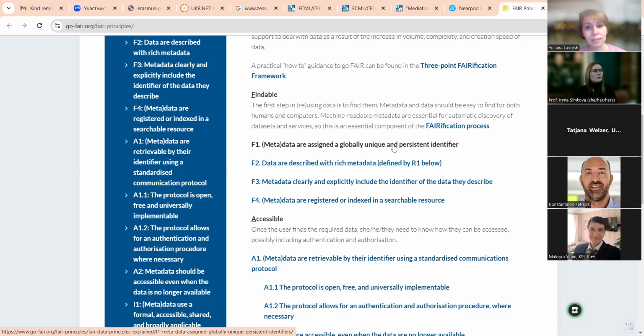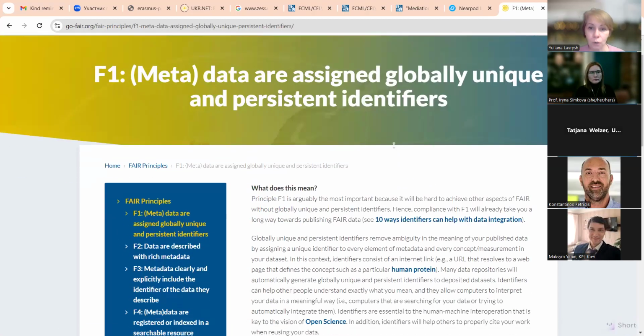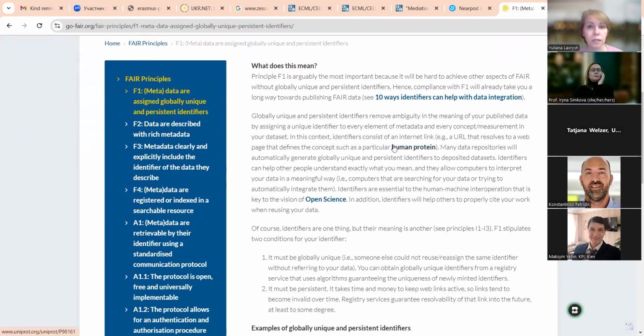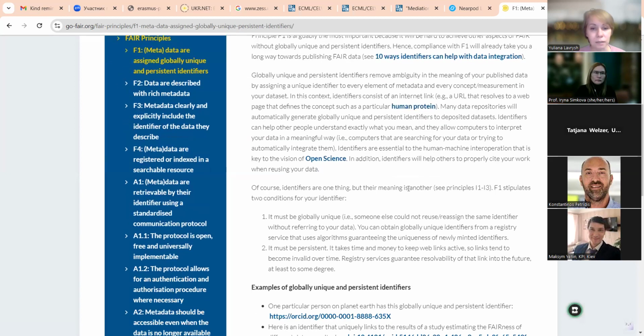Without this persistent identifier, it would be really impossible. So principle one is the most important, because if you don't know where to find it, how can we speak about something open if we cannot find it at all in our world?